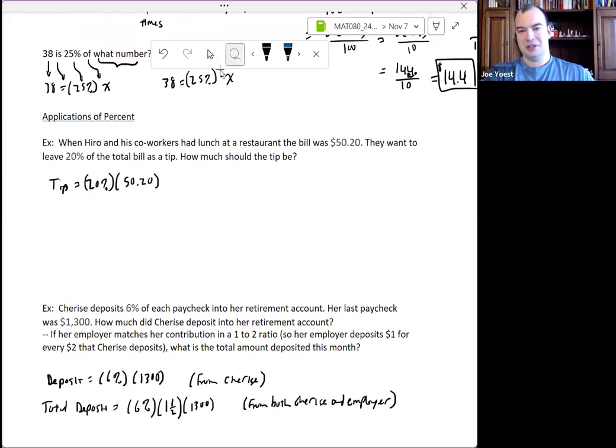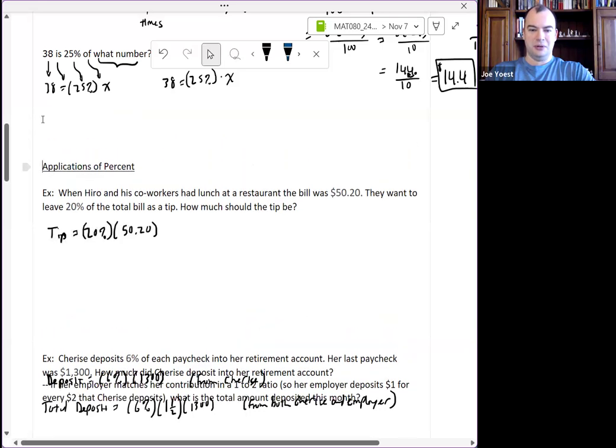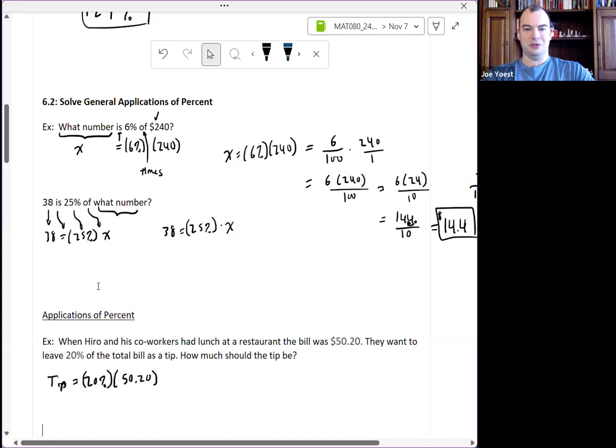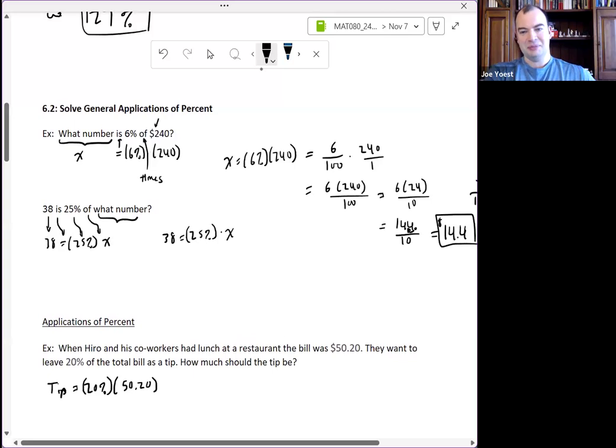So let me just recombobulate this a little bit here and give us a little more, oops. Okay, there we go. Give us a little more room for this next one. I'm trying to get all of them on screen at the same time, but then also want to write on top of them. And all right, there we go.